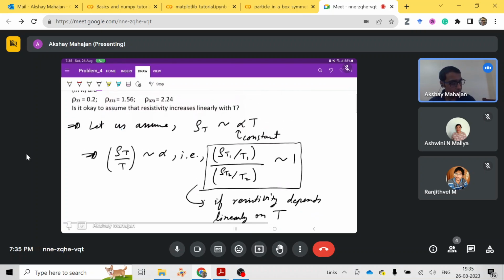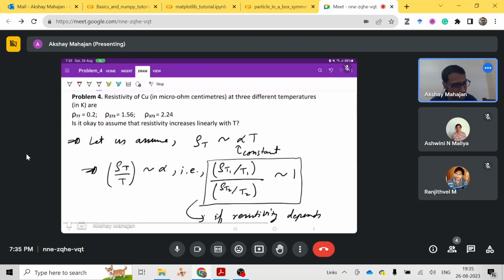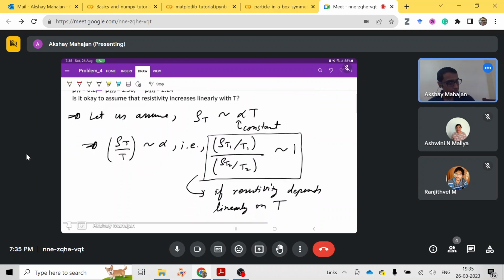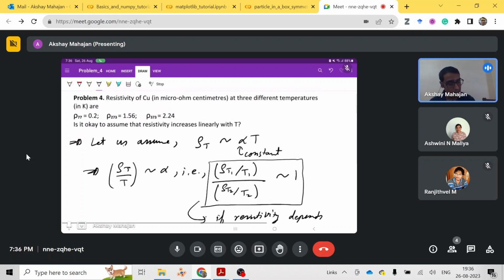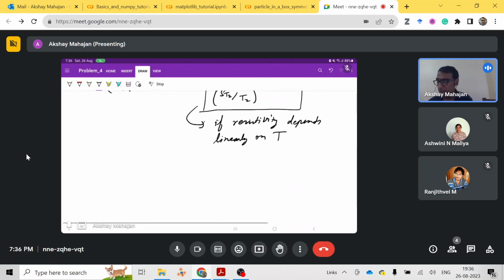But to check linearity, it is much easier, as you can see. So we want to check if this condition is satisfied for the 3 data points given to us.